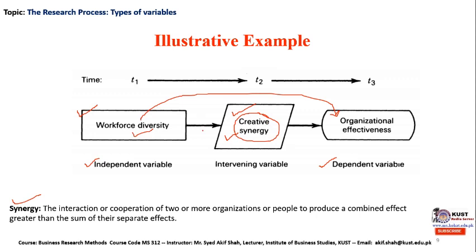It was because of the managerial expertise, which was surfacing as a moderating variable to strengthen the relationship between workforce diversity and organizational effectiveness. This may be explained in the next diagram, which is a complete and thorough diagram.